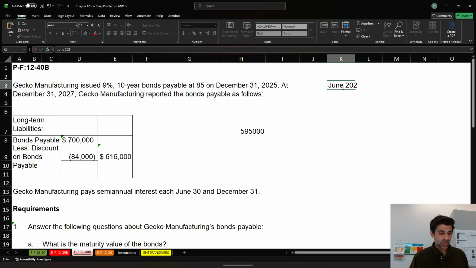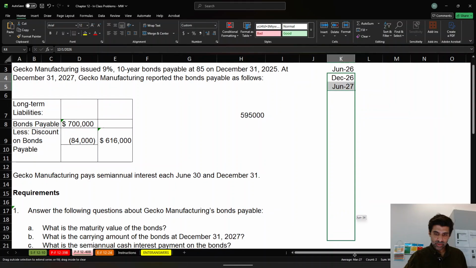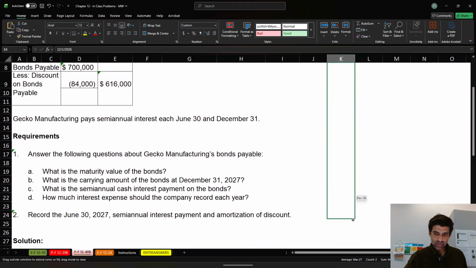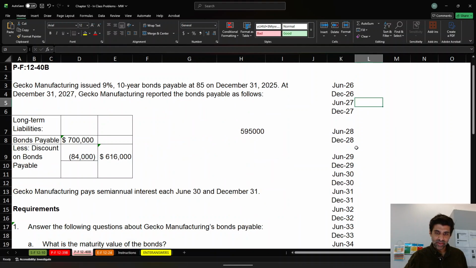So June 2026, December 2026, June 2027, and then let's see if Excel is smart enough to do this. Okay, so this is 10 years, okay?